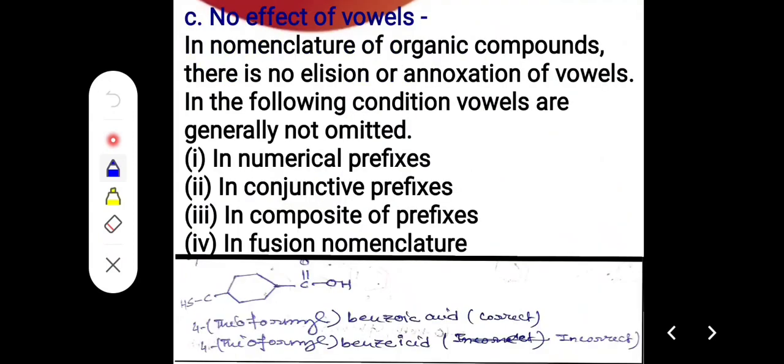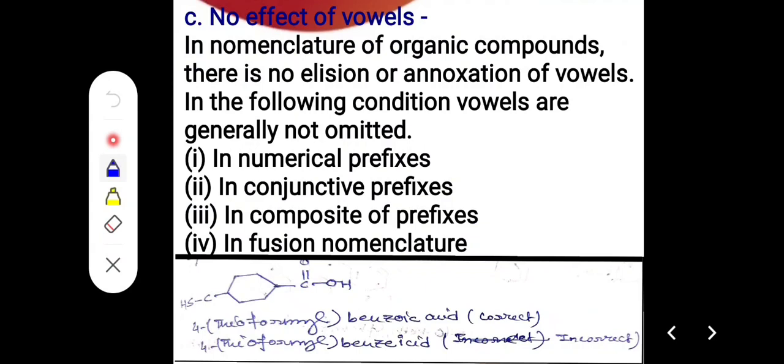Now, no effect of vowels. In the nomenclature of organic compounds, there is no addition or annexation of vowels in the following conditions. Vowels are generally not omitted. Sometimes vowels are not omitted. In which cases? First, in numerical prefixes. If numerical prefixes are there, we have to consider O as an ortho position.